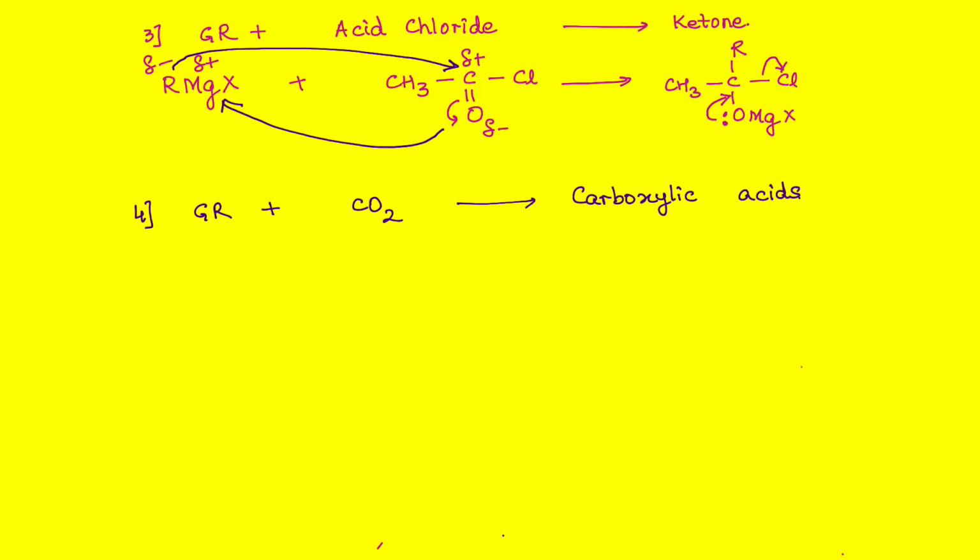We now have the next reaction. Grignard's reagent with carbon dioxide. Let's expand the wings of the carbon dioxide. RMgX plus O double bond C double bond O. Now overall it's a non-polar molecule, right, because of its linear structure, but each of its bonds individually is polar.